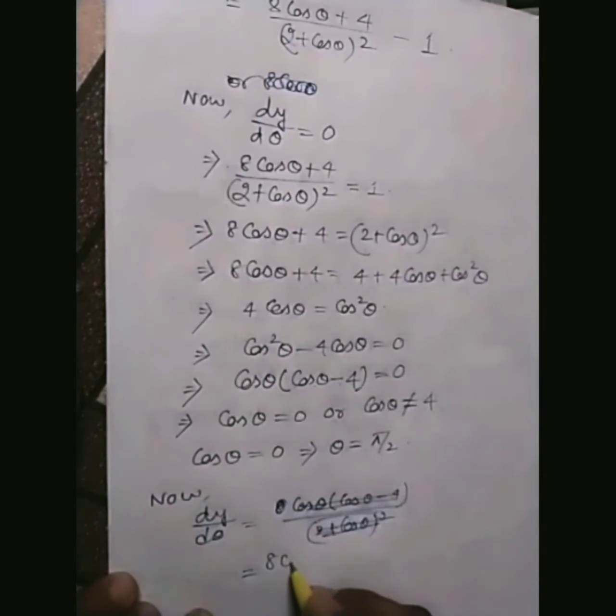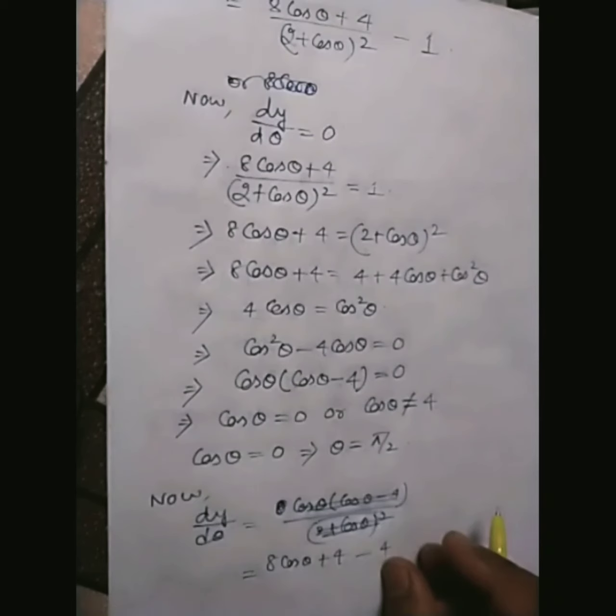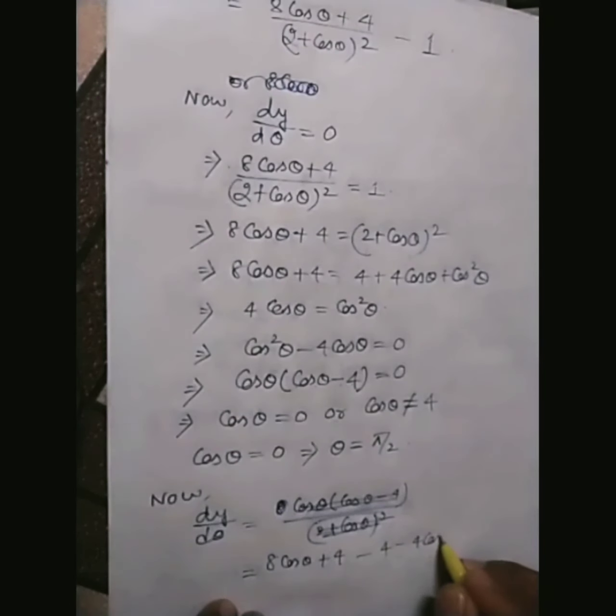I am writing here 8 cos theta plus 4 minus, simplify this, 2 times 2 times cos theta, 4 minus 4 cos theta, minus 4 cos theta, and this will also be minus, because minus 4 minus cos square theta, okay, divided by 2 plus cos theta whole square.